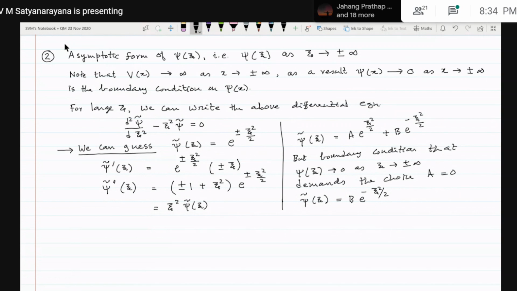So this is the asymptotic form, and this satisfies the boundary condition.